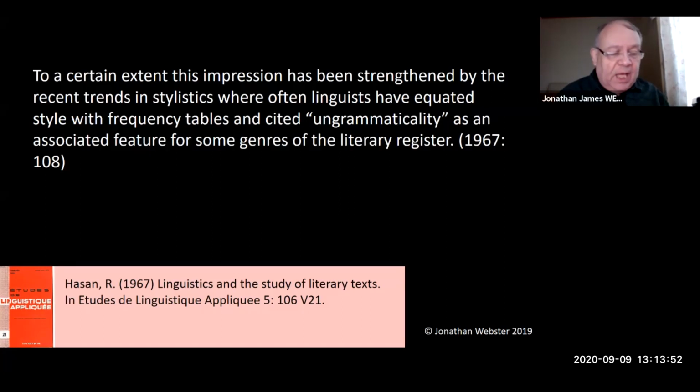Some who've been engaged in linguistics and the study of literature, which very often is called stylistics, have been looking at patterns and devising tables and so forth, and even noticing that such and such is ungrammatical in their use, and that defines the style. She's saying, yes, she can almost sympathize with those who consider that a trivial pursuit.